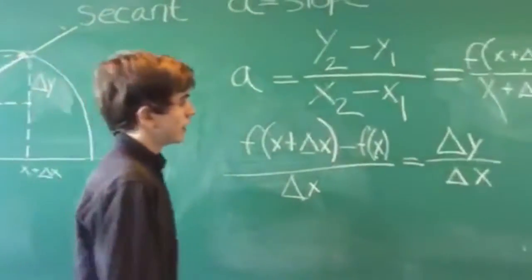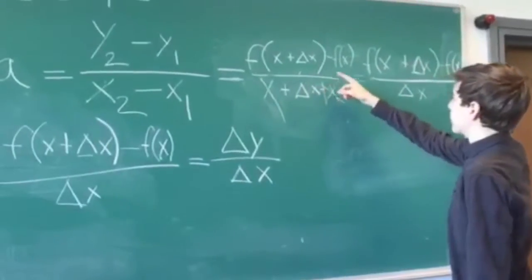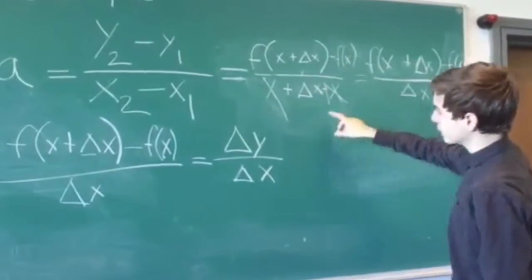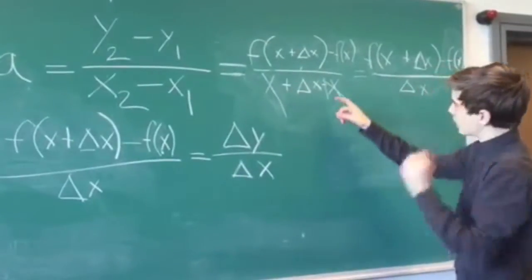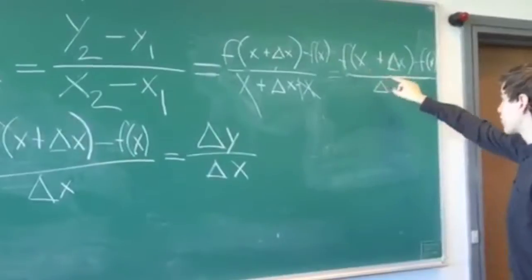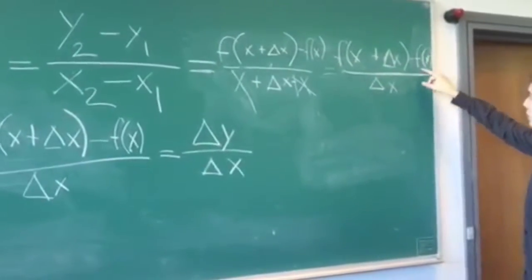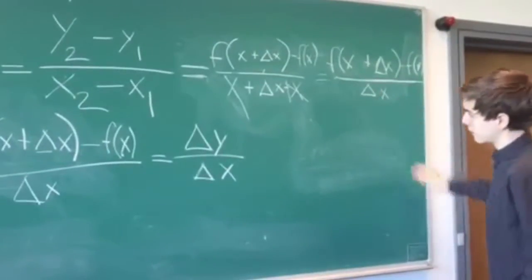And then that is the same as f of x plus delta x, subtracted by f of x, divided by x plus delta x minus x. It's the same as f of x plus delta x, subtracted by f of x, divided by delta x.